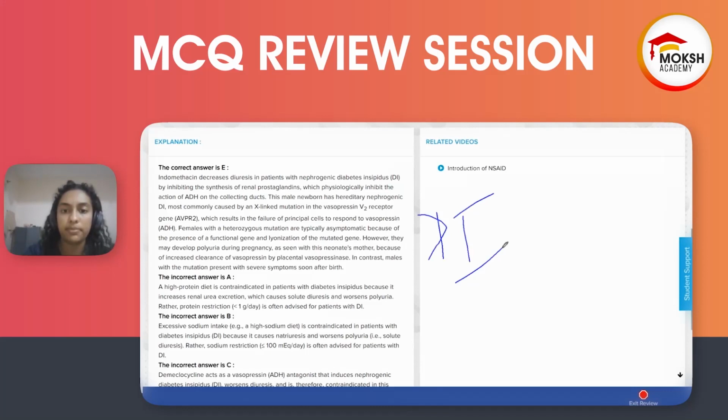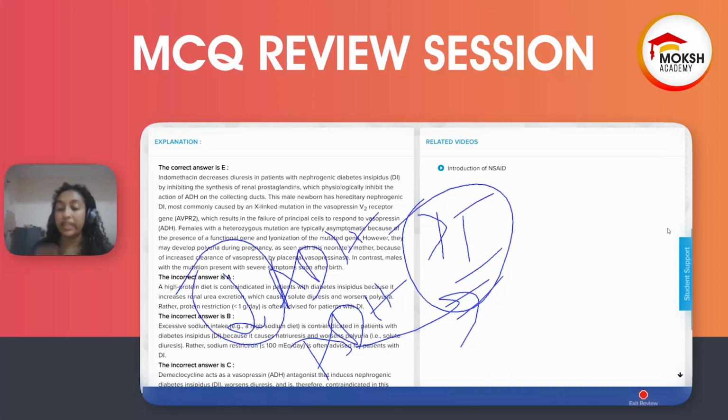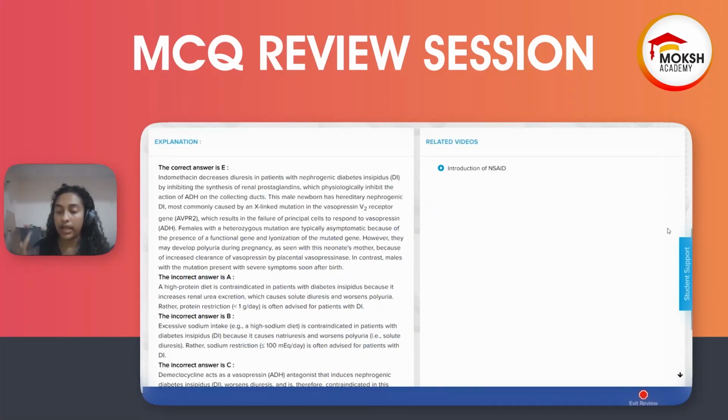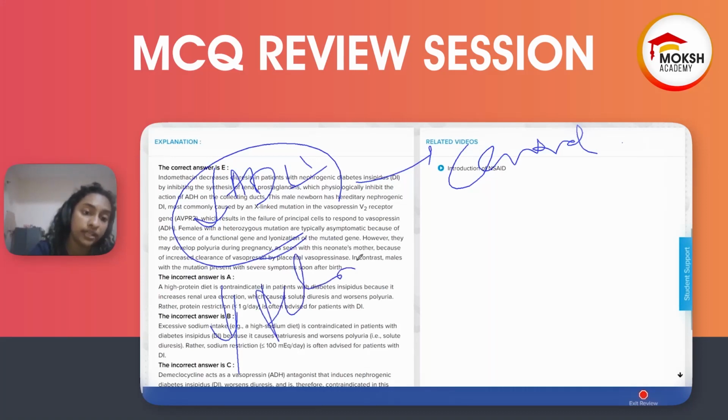So diabetes insipidus is what? There is decreased ADH or there is decreased action of ADH on the kidney, correct? One is central diabetes insipidus, where there is decreased ADH. And there is decreased action of ADH, which is nephrogenic.